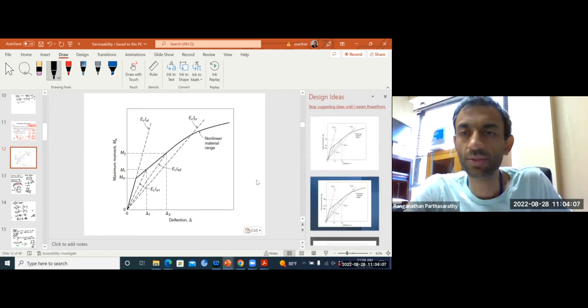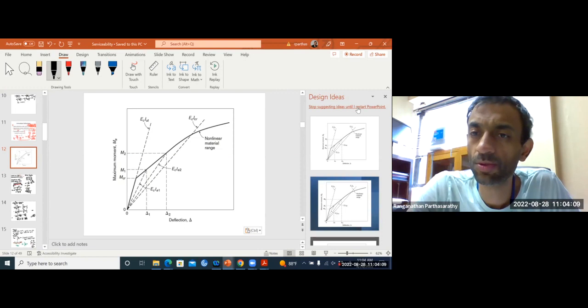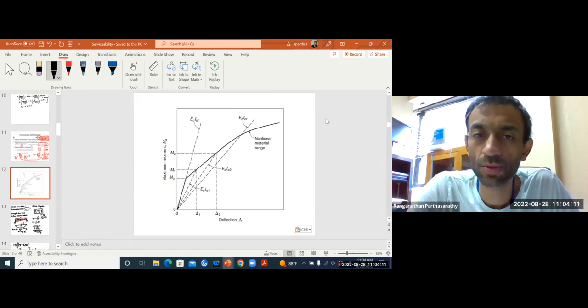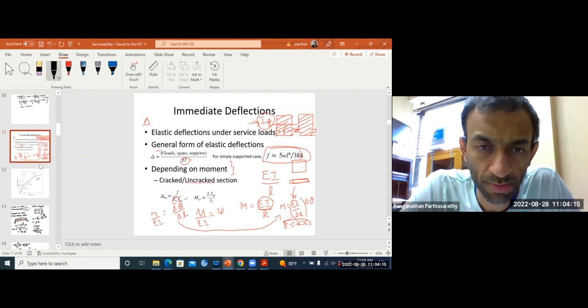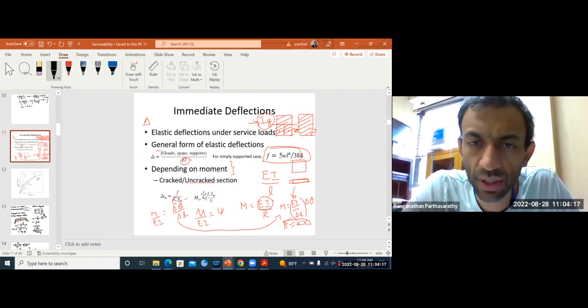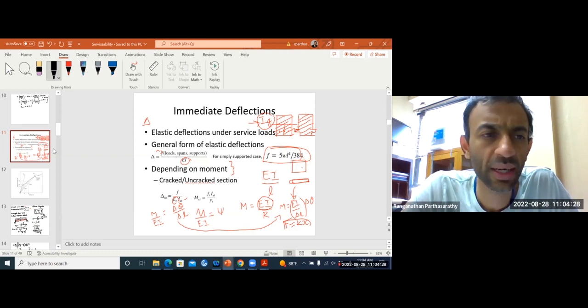Let's first see the basic formula. So general form for elastic deflection is delta is something over EI.